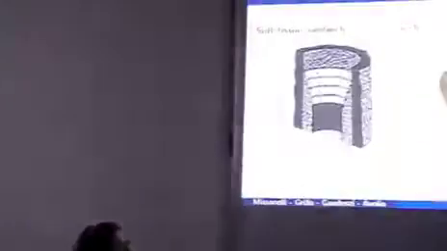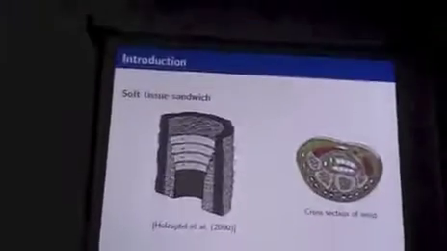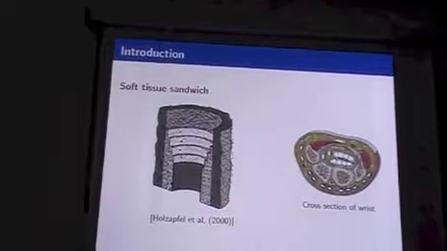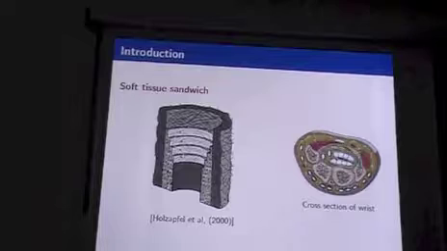We are interested in pulse waves, in particular with vibration transmission in the artery and its surrounding tissue. In particular, we are studying the radial artery in the wrist that is located here.